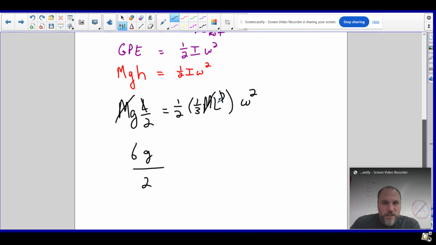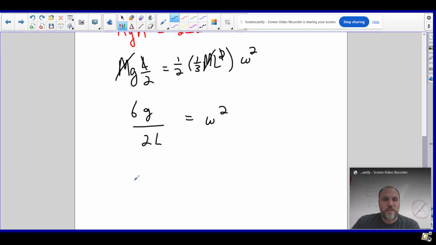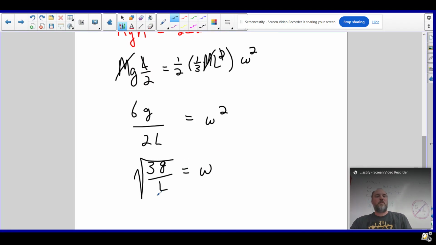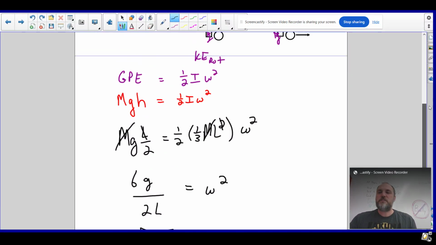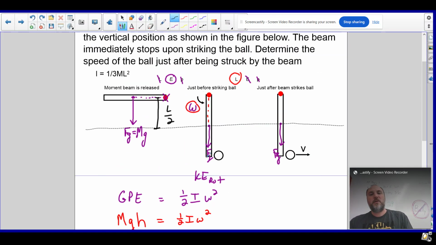I also need to bring over the L by dividing by L, and that's equal to omega squared. 6g over 2L is just 3g over L. Then to get omega by itself, I take the square root. So the square root of 3g over L is the angular speed of the beam just before striking the ball.